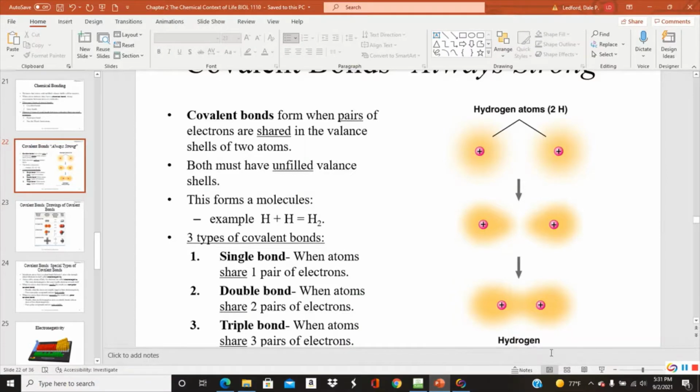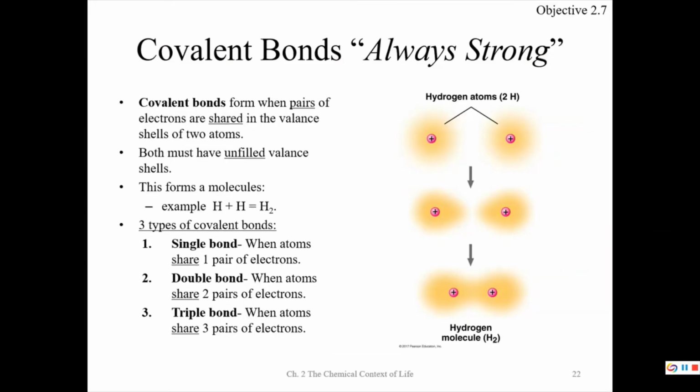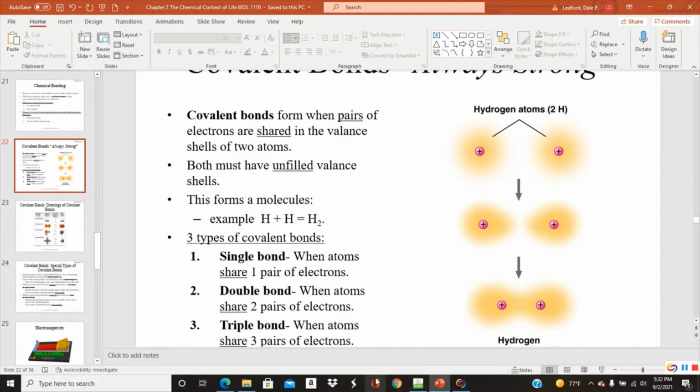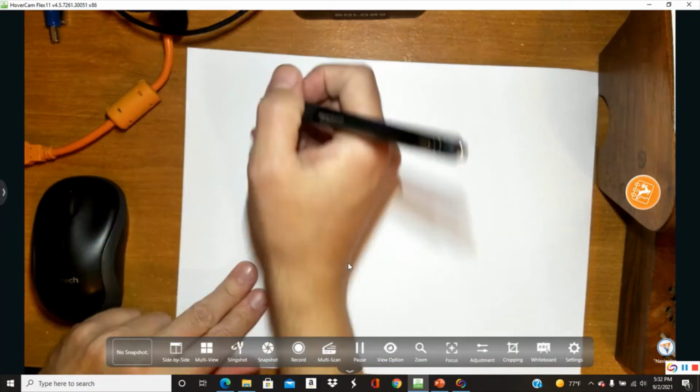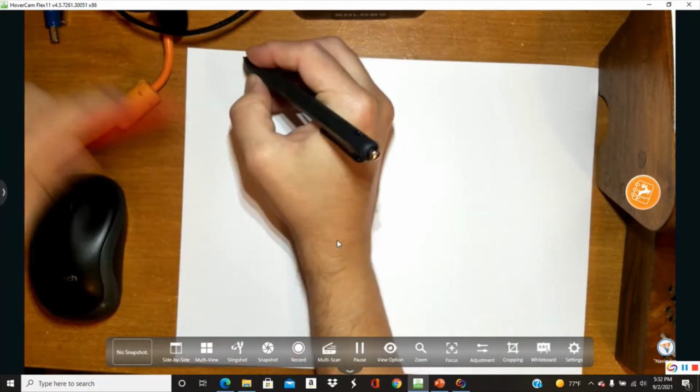So covalent bonds, how do they form? They form by sharing pairs of electrons in the outermost shell or valence shell. So you have to have an unfulfilled valence shell, and they share this. Now, what I want to help you understand is how this forms molecules. There's a single, double, and a triple. So as we do a single, double, and triple, let me show an example.